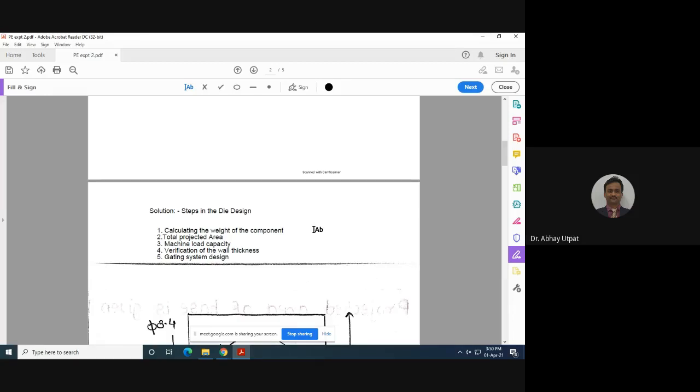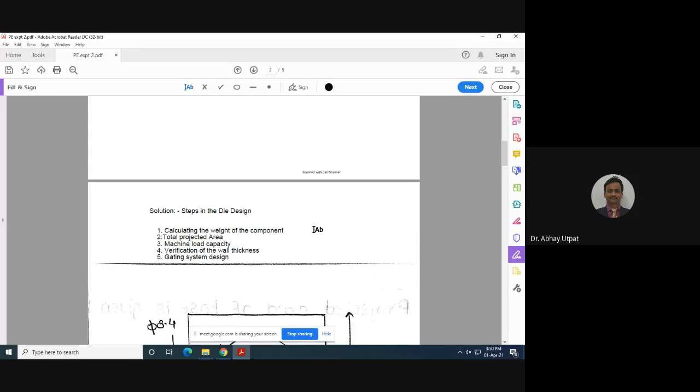The first assumption which I have told you is that the taper is neglected. The second important thing we can't call an assumption, we can call it a consideration. We have studied single cavity die, 2 cavity die, 4 cavity die. So you are the design engineer now.